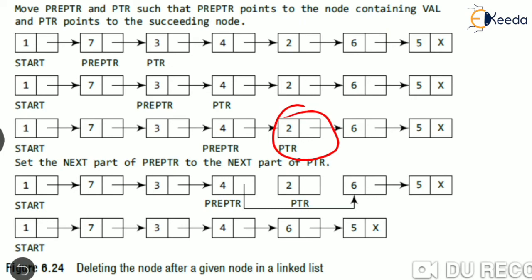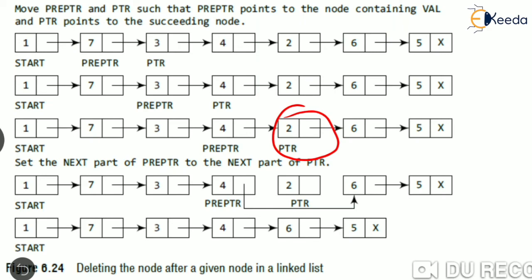So what is the procedure then? Now in step 3, at this position the pre-pointer is at 4 and the normal pointer is at 2. Set the next part of the pre-pointer so that it points to the next part of the pointer. Understand?